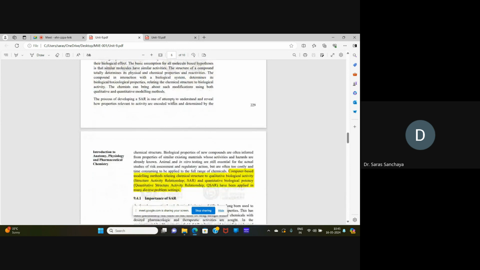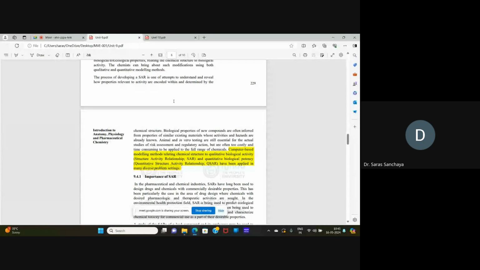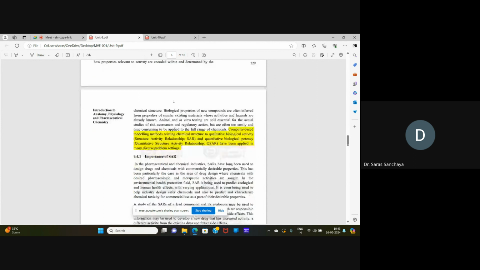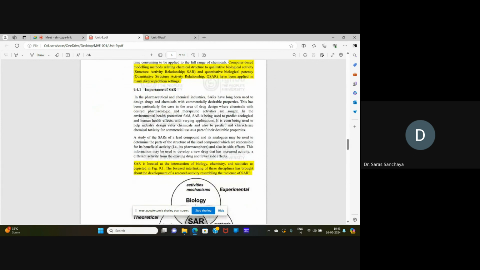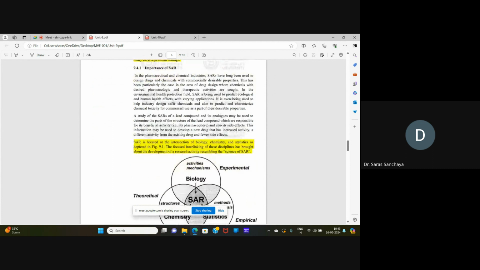Computer based modeling methods relating chemical structure to qualitative biological activity, that is structure activity relationship, and quantitative biological potency, that is quantitative structure activity relationship, have been applied in many diverse problem settings. What is the importance of SAR, structure activity relationship?